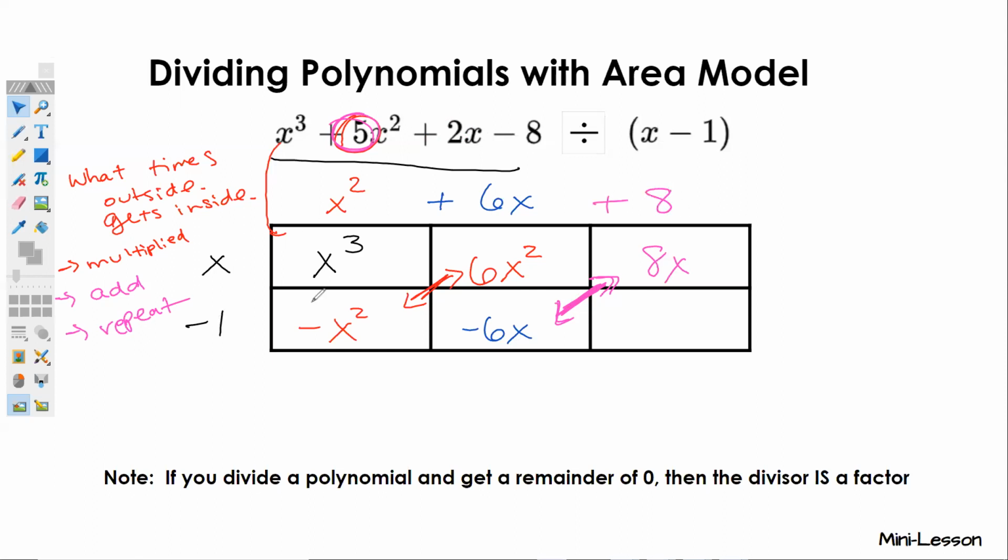And then 8 times negative 1 would give us negative 8. Now we're not going to add this to anything because that last number is already negative 8. So what's the final answer? Well, the final answer is what's up on top. We've got x squared plus 6x plus 8.